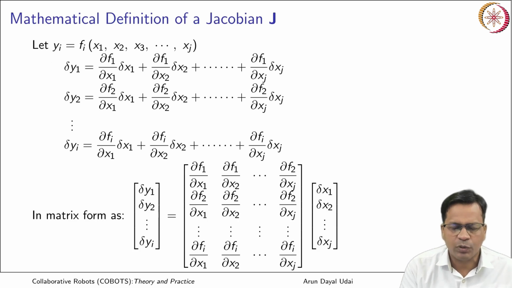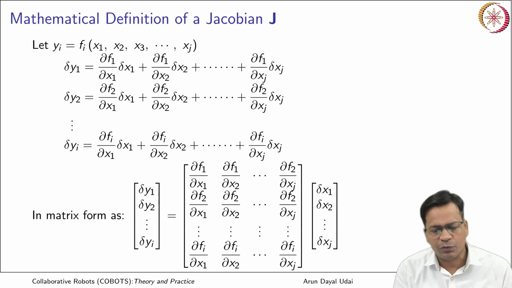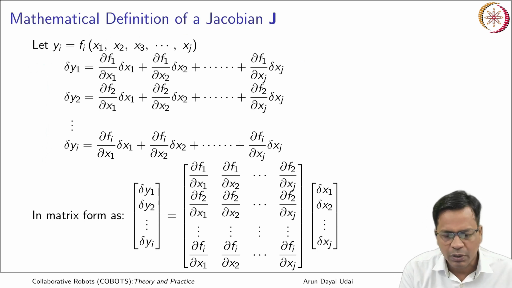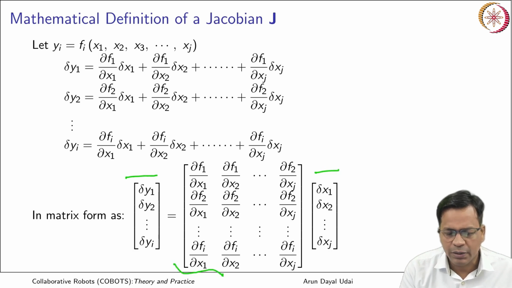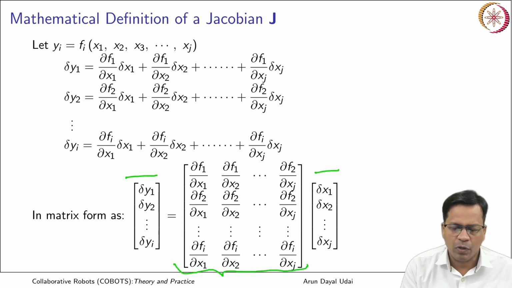If I pack them together in matrix form, all the output variables are here and all the input variables are here. This is the matrix of partial derivatives of f, which relates the input rates to the output rates. So it relates two different rates.